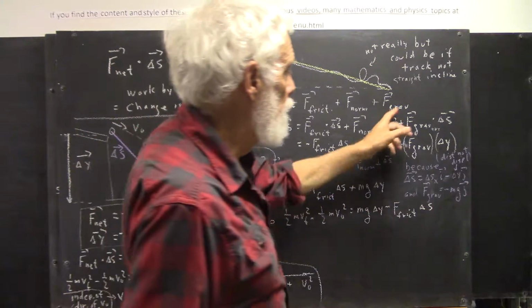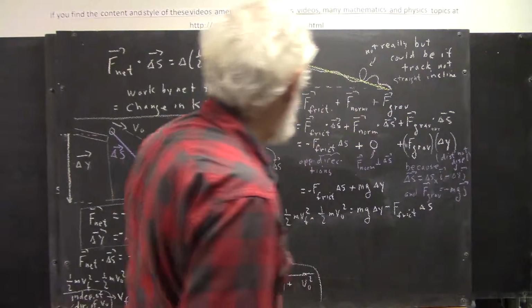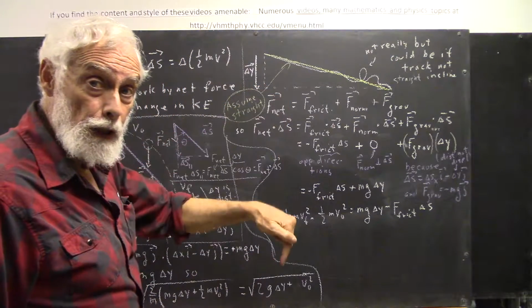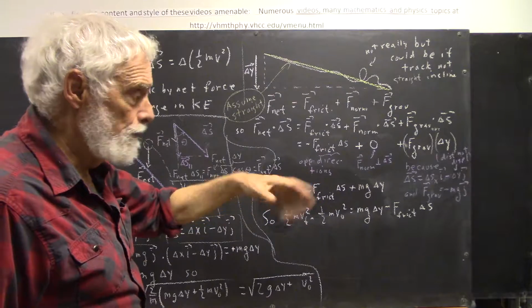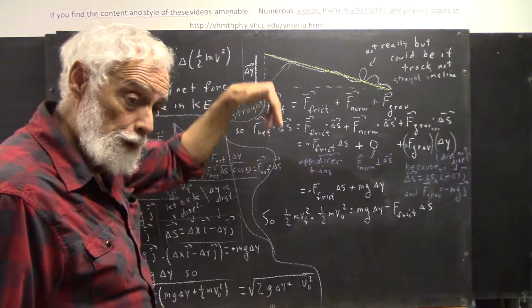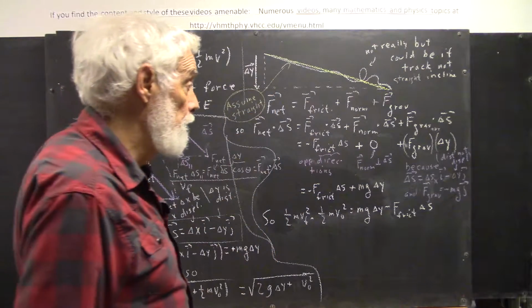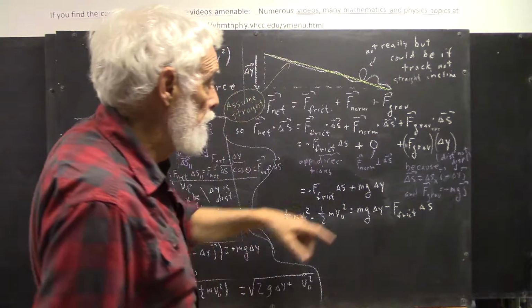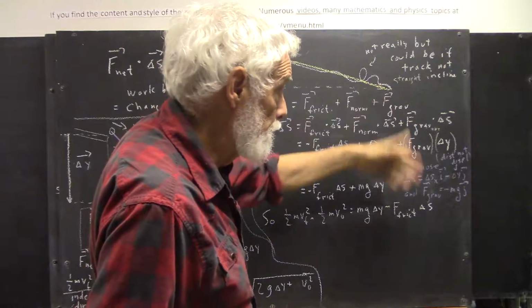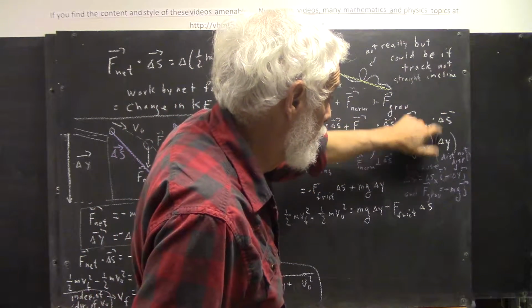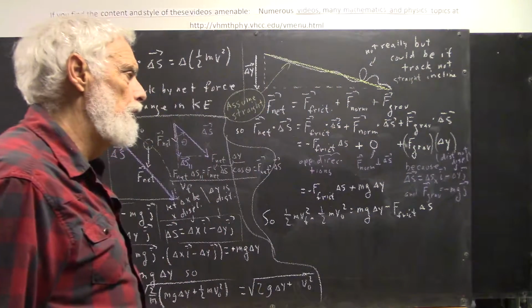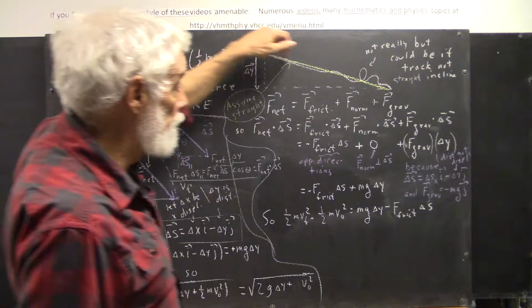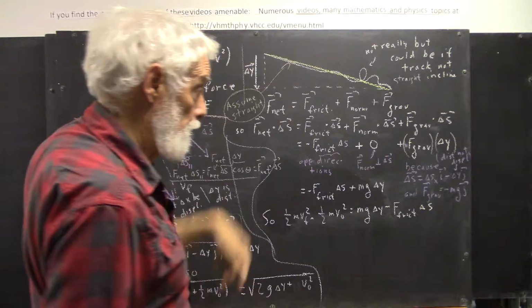And then F grav dot delta S. That's just going to be F grav, which is downward, and we're assuming that delta S is downward. We have a downward displacement, but the magnitude of delta S isn't delta y. Delta S has an x component and a y component.